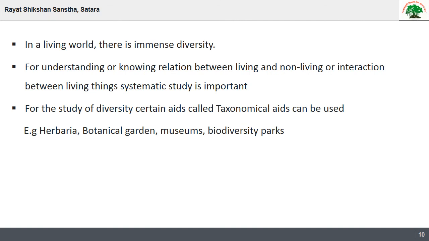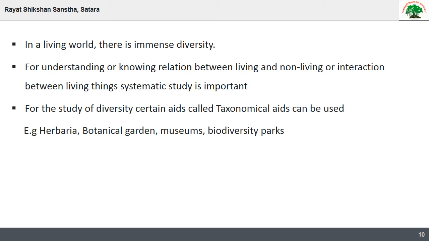In the living world there is a huge diversity in living organisms, means there are a number of varieties in plants and in animals. So millions and trillions of plants and animals are present on earth. If you study the diversity of organisms, for understanding the relation between living and non-living, or interaction between these organisms, obviously systematic study is very important because of this huge diversity.